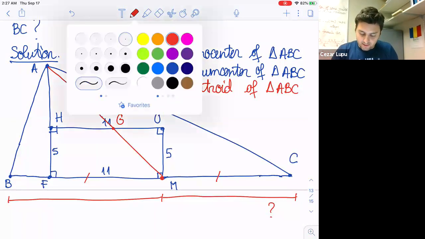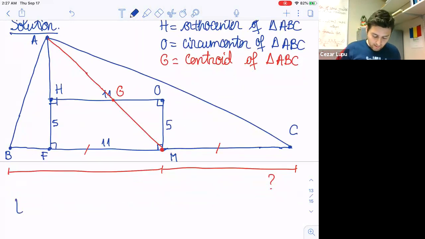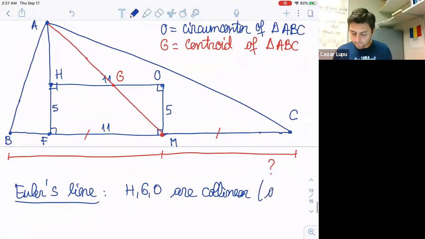So let's consider this. Moreover, we know one thing. Euler's line says the following, and we said this in the first lecture: H, G, and O are collinear. They're basically on the same line.